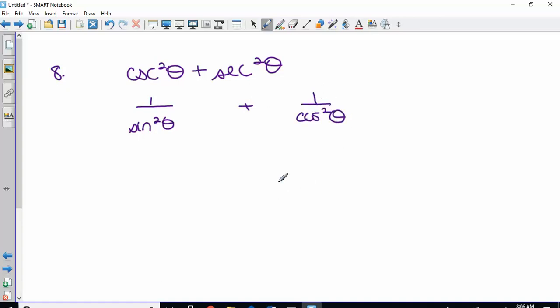If you want to add or subtract fractions, what do they need? Common denominator. So we have to take this one times cosine squared on top and bottom, and this one times sine squared on top and bottom.